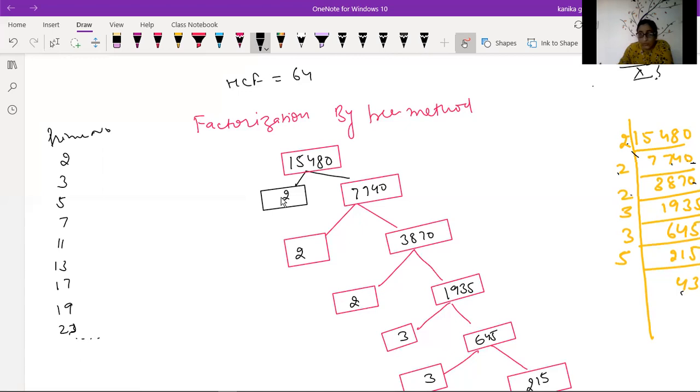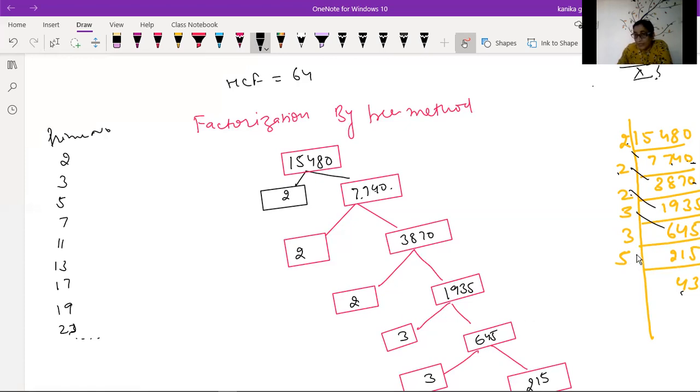7740. So this is 2 multiplying by 7740. Again this number is 2 multiplying by 3870. Again this is 2 multiplying by 1935. Again 3 multiplying by 645.